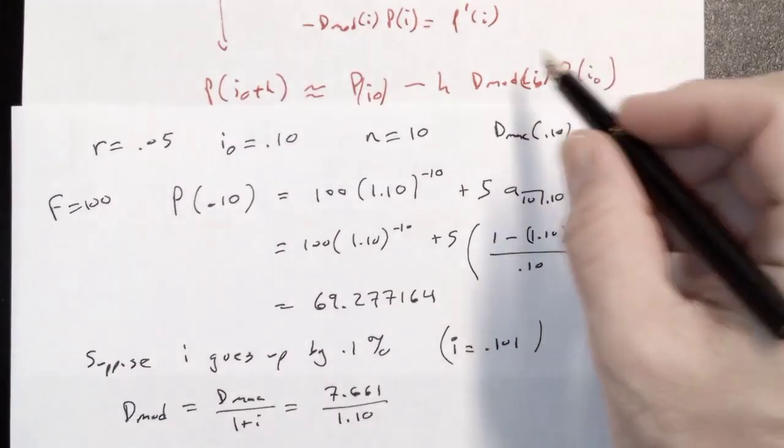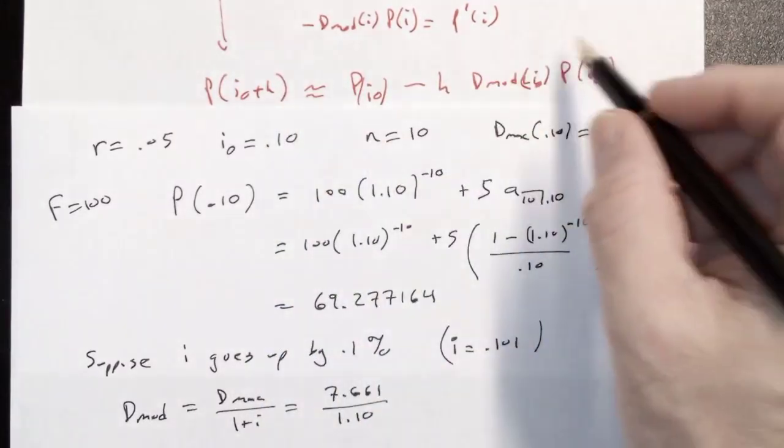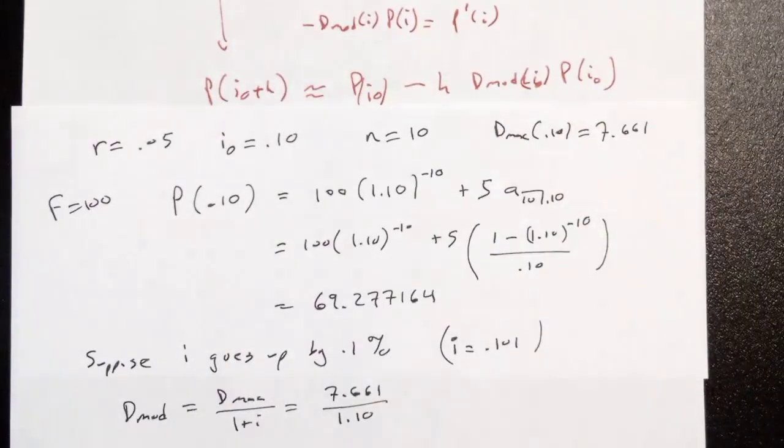So using this, P of 0.101 should be P of 0.10 times 1 minus H times the modified duration. Wait a minute, H was 0.001 times 7.661 over 1.10.